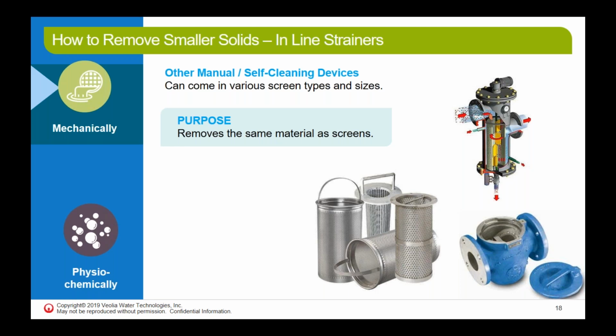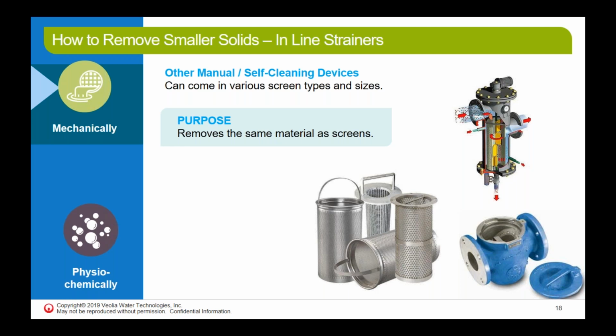The basket strainer is, as the name implies, a strainer within a basket. We have a certain size opening that is put inside of an expansion in the pipe, and we monitor the differential pressure across the system to make sure it's not clogged. And when it is clogged, we take it out and remove the gross solids. So it's mechanical and manual.